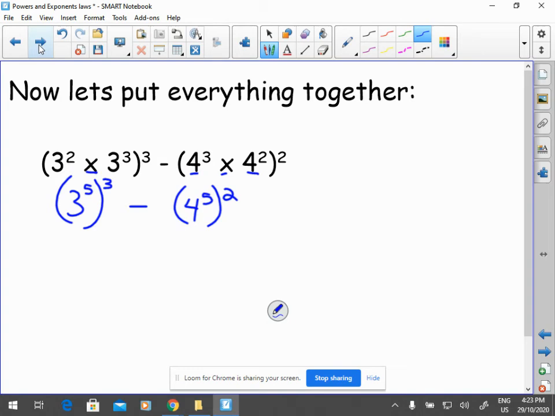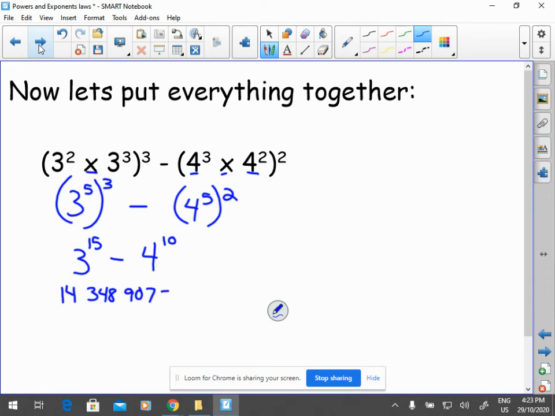Now I'm going to use the next law that I know, and that is if I have a power raised to another power, I'm multiplying my two exponents. So this is becoming a base of 3, and 5 times 3 is 15. And this one is becoming a base of 4, and 5 times 2 is 10. So I'm going to be saying that 3 to the power of 15, because now I can't use my laws because I'm subtracting, I actually have to solve it independently, is 14,348,907.